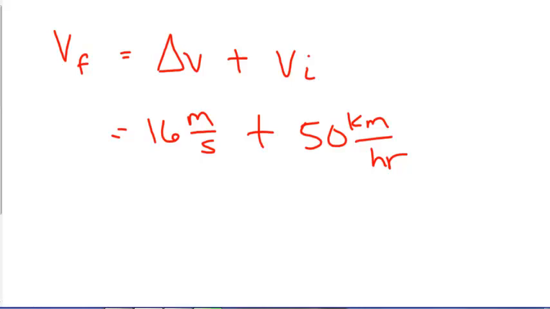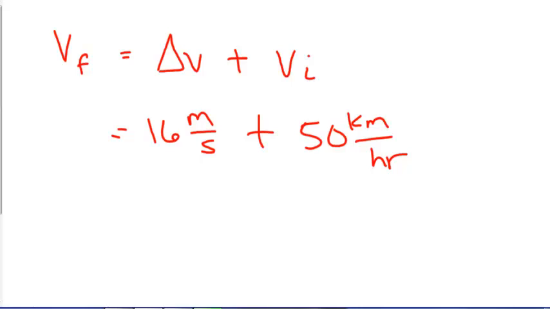right? No. Why is this not going to work? You probably recognize that you can't add meters per second with kilometers per hour. Those are not like units. So I've got to change one of those so that I can have two units that are more alike. I'm going to go ahead and change meters per second.